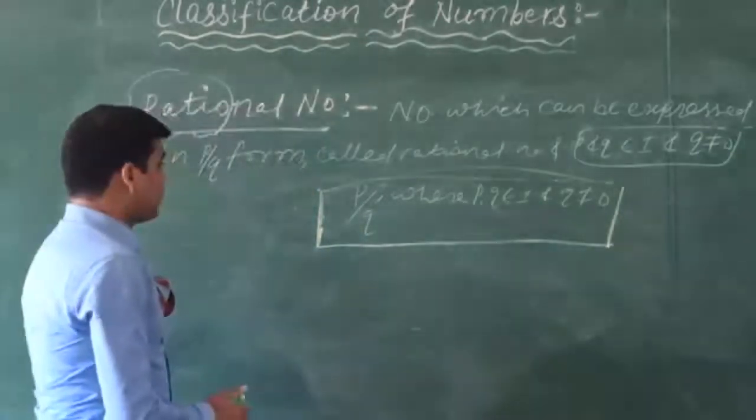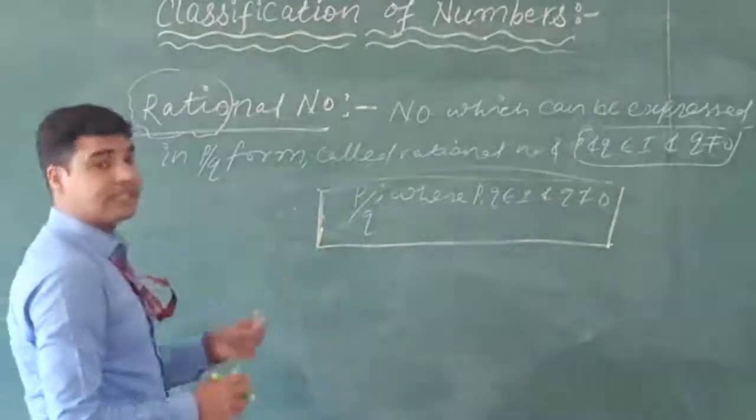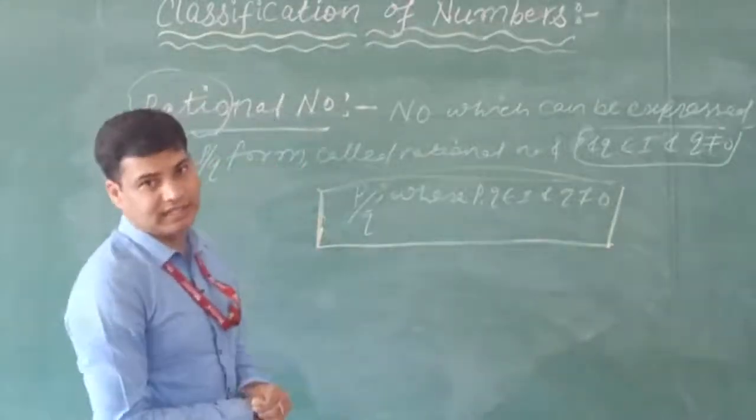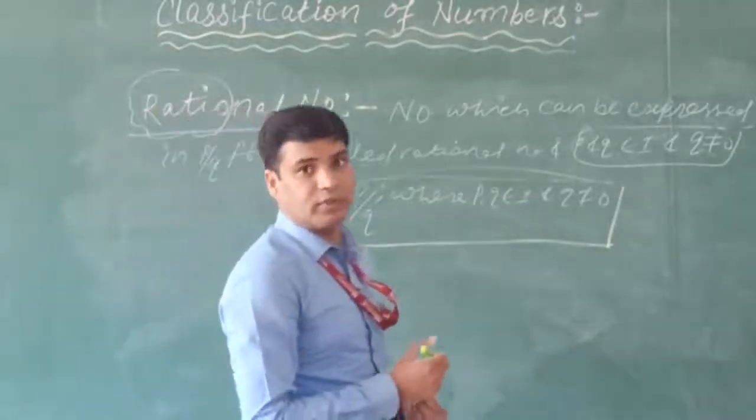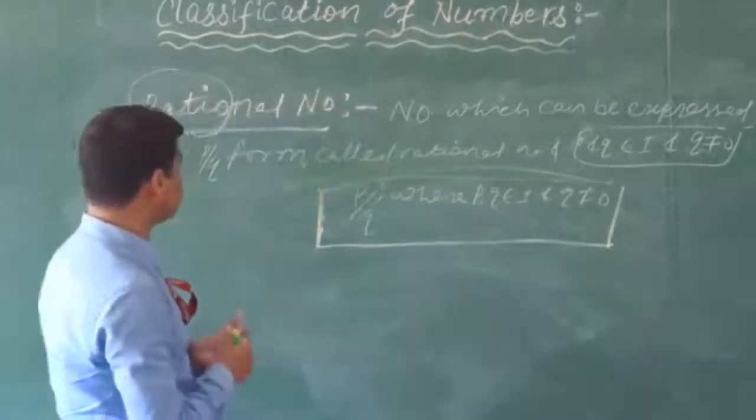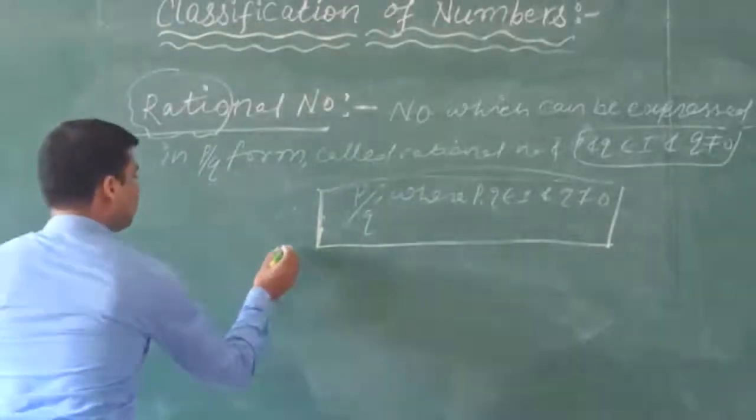If a number is given like 1 by 2, 1 by 3, 3 by 2, in this way, you can identify it easily. But if it is given in decimal form, you can't identify it. So see this, I am going to discuss another example, or another definition.